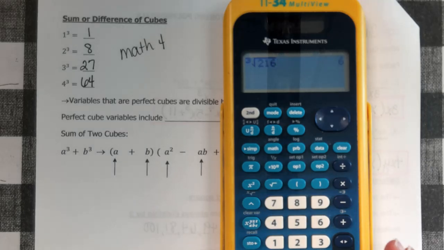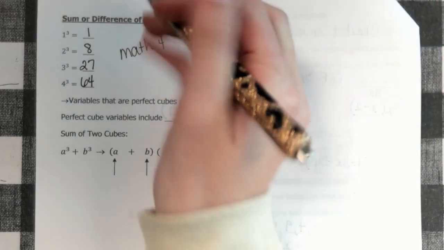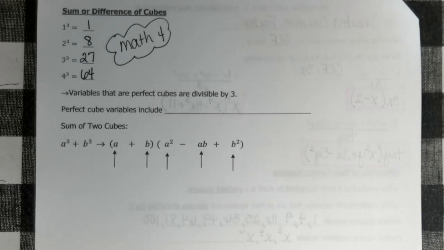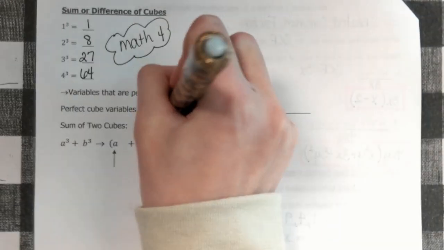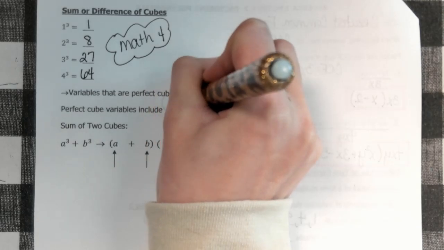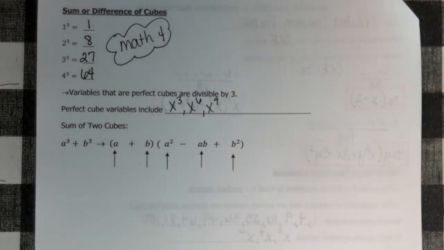If you get a decimal, it's not a perfect cube, and you probably need to take out the GCF. So you'll need to know math 4. Now your variables, because it's cubes, they have to be divisible by 3. So x cubed, x to the 6th, x to the 9th, and so forth. But you don't really get any higher.